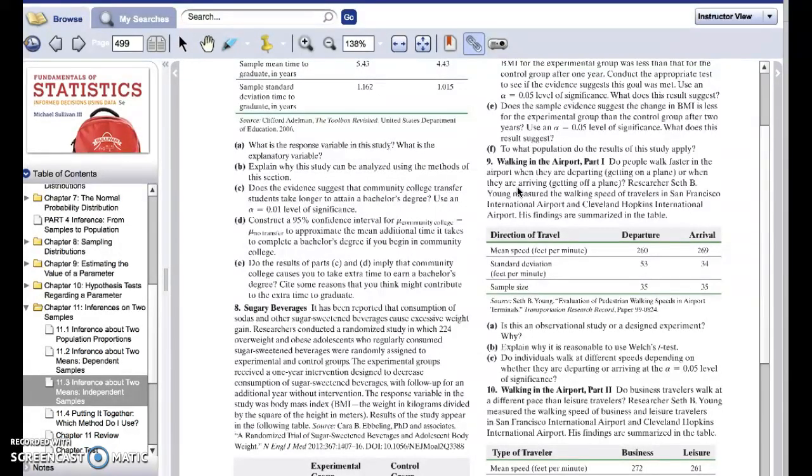And they ended up doing 2 samples. Notice the sample size is 35 in each case. And they reported the mean and the standard deviation for departure and for arrival. So in this case, we don't have our 35 data values for each one, but we do have the summary.